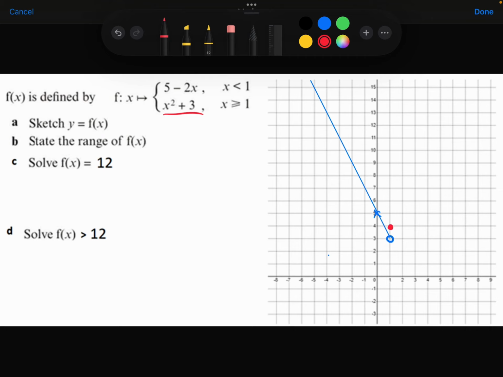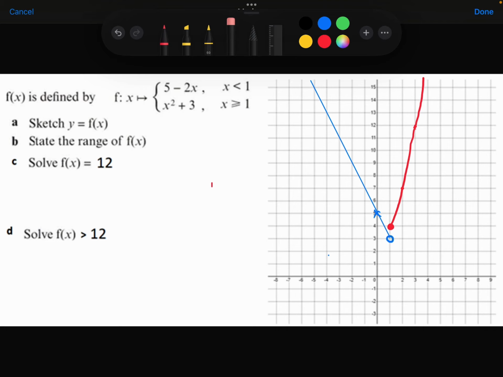And I'm drawing a solid circle here because x can equal 1 for the quadratic. When x is 2, we'd have 2 squared plus 3, which is 7. When x is 3, we'd have 3 squared plus 3, which would be 12, and so on. So my quadratic is going to look something like this. And there we go, that's f of x. I've sketched it.